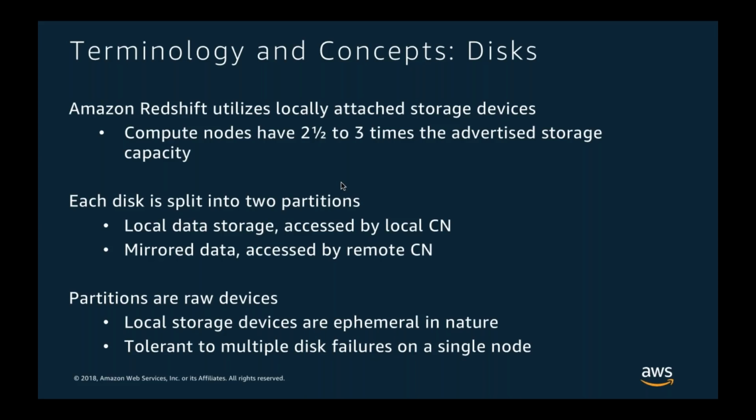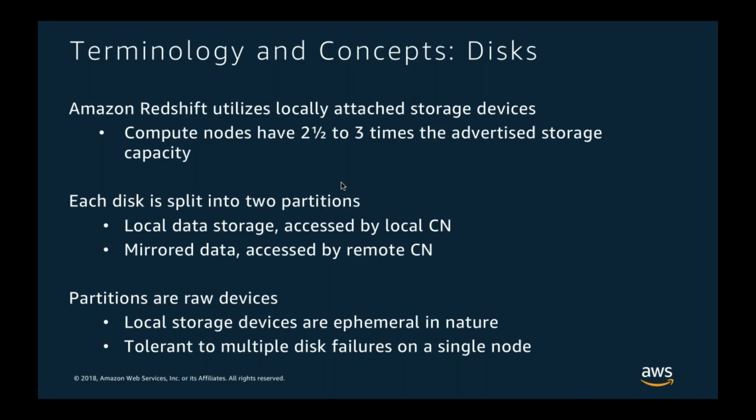So if you have, let's say, a 3-node cluster, each node is going to hold its own data and also maintain a copy of the other node in the cluster. This allows us to handle things like disk failures, node failures, and so forth, where we'll be able to quickly replicate data from other nodes in the cluster. That's how it works behind the scenes.